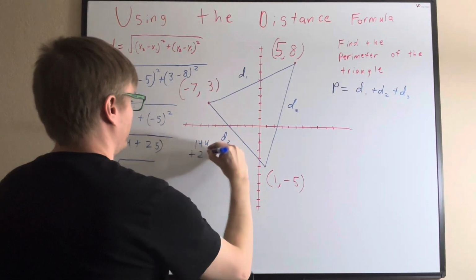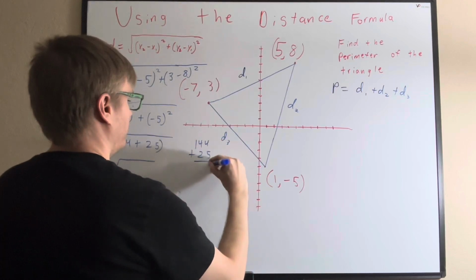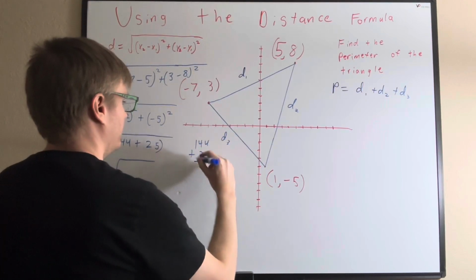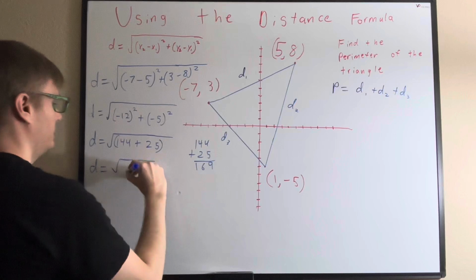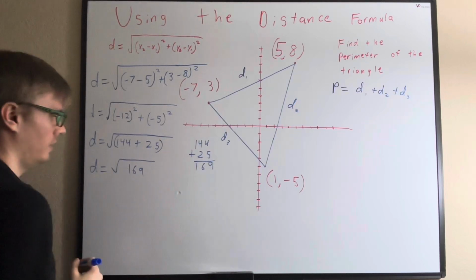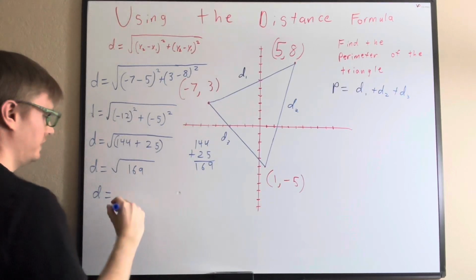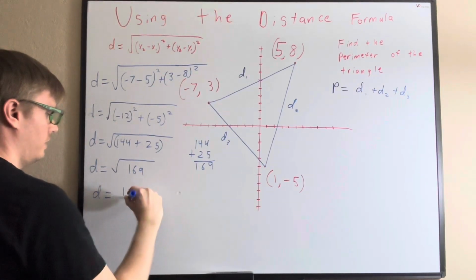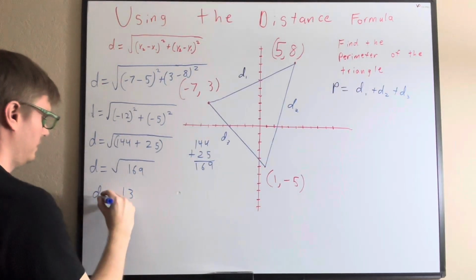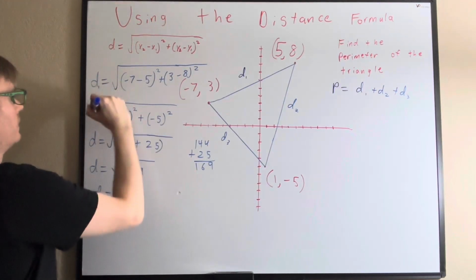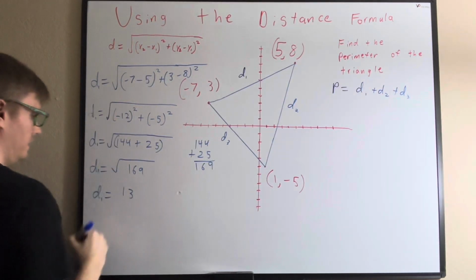144 plus 25. 4 plus 5 is 9. 4 plus 2 is 6. 1 plus 0 is 1. 169. Oh, that came out nicely, because what's the square root of 169? 13. So we have D1. That was D1.